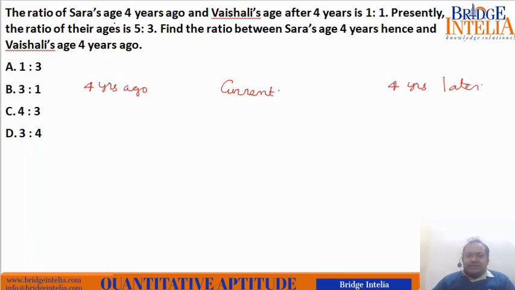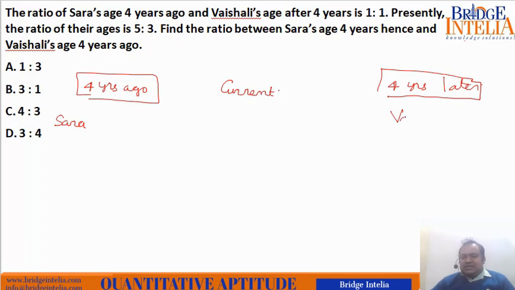The ratio of Sarah's age 4 years ago, and Vaishali's age 4 years later. So this age of Vaishali and this age of Sarah are in the ratio 1:1. 1:1 means equal. So they are trying to say that there are two people, Sarah and Vaishali.